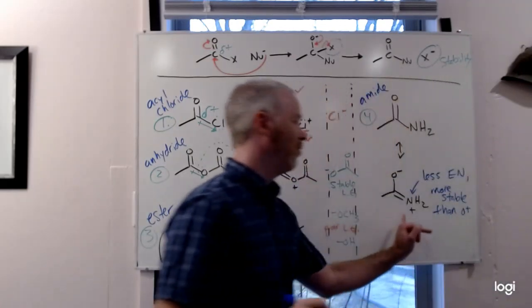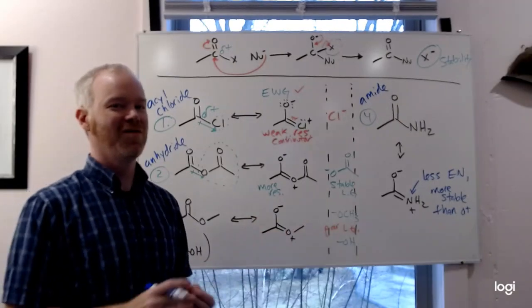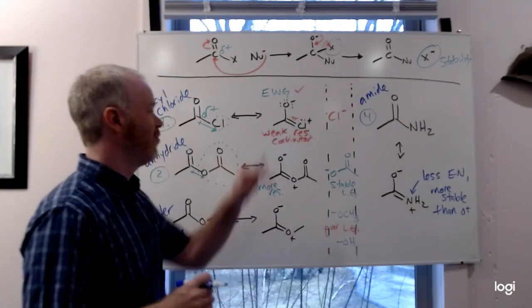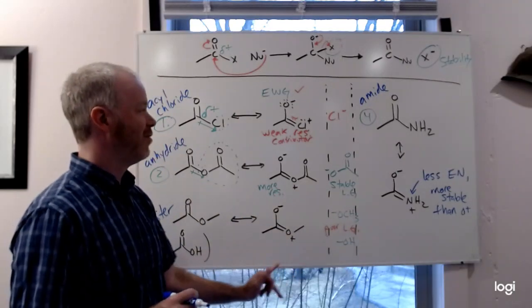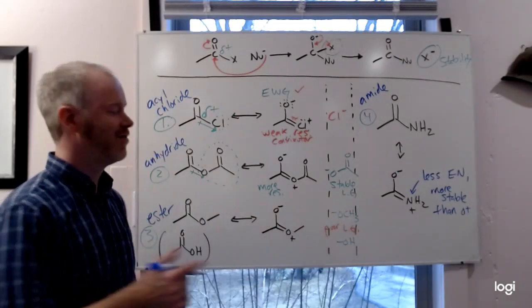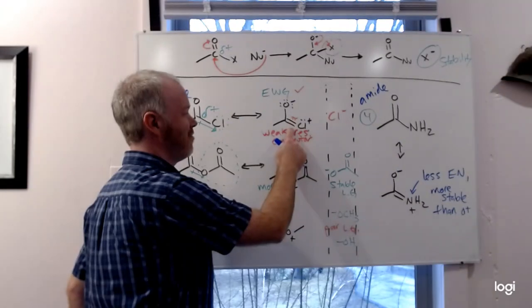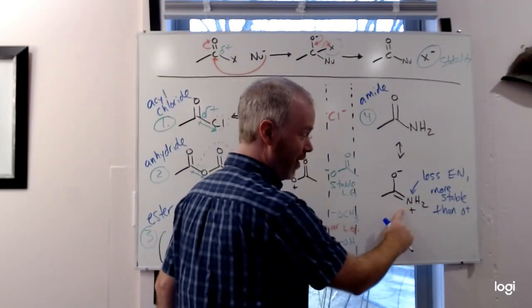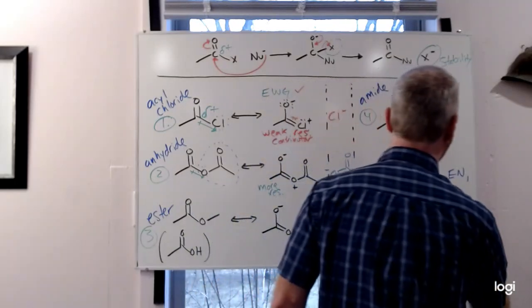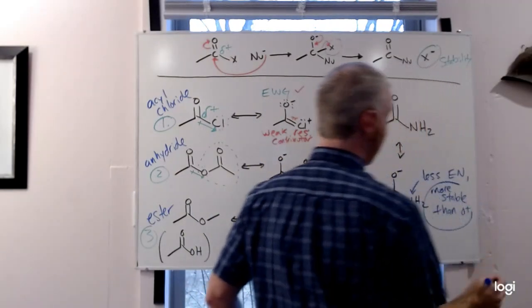Right, and so the more stable this resonance structure is, the more likely it is to contribute, right? We can draw whatever we want. We can draw these double bonds all over the place, but without the context of knowing that, this is a really bad resonance contributor, this is okay, this is even better, right? So more stable than the others, right?